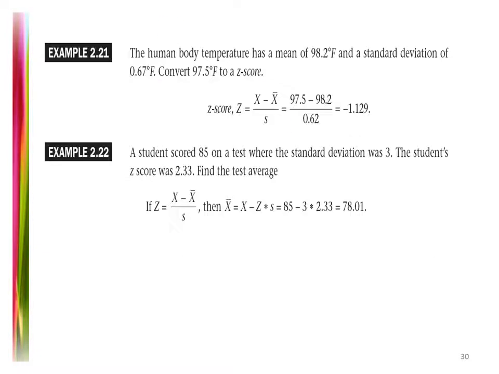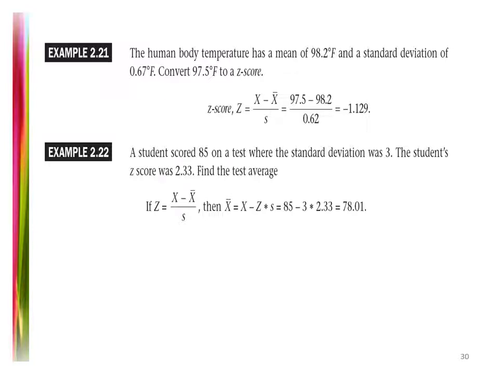All right, so this is a simple example. The human body temperature has a mean of 98.2 Fahrenheit and a standard deviation of 0.62 Fahrenheit. Suppose you need to convert 97.5 Fahrenheit to a z-score. So there is the observation 97.5 and the average 98.2: 97.5 minus 98.2, divided by the standard deviation.